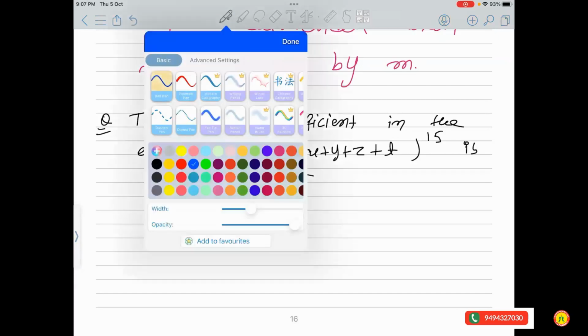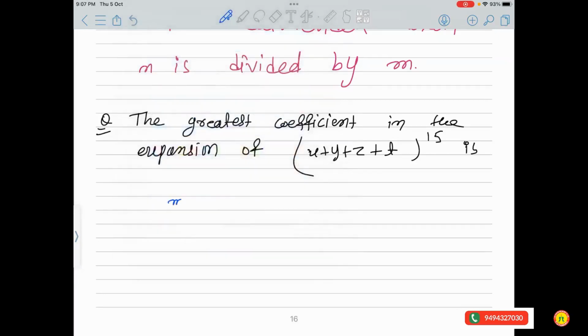So can you answer? The m value here is 4, right? Number of terms x plus y plus z plus t, 4 different terms in the expansion, right? And n equal to 15. So we need to find the quotient and remainder.